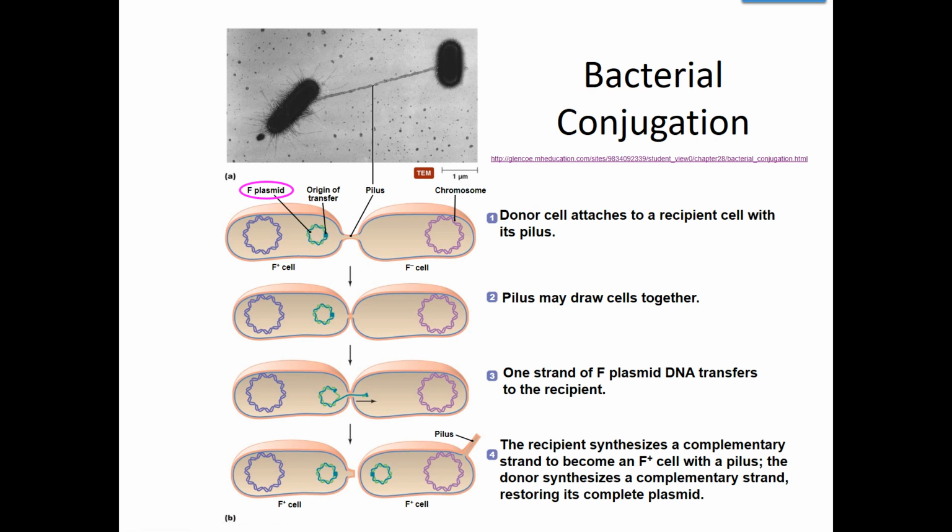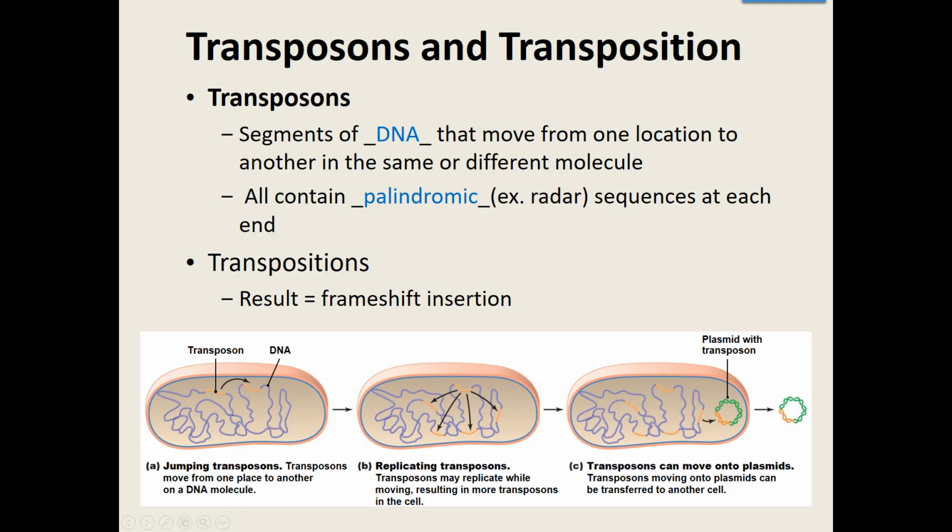The last way that information can go from one cell to another is that they can take snippets out. Most of the time, we're just taking DNA and moving it from one location to another in the same molecule, but also taking some of that DNA and moving it to another, usually by bacterial conjugation. We can take information, double it, and then send it elsewhere.